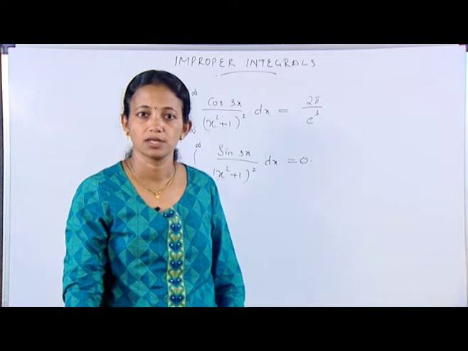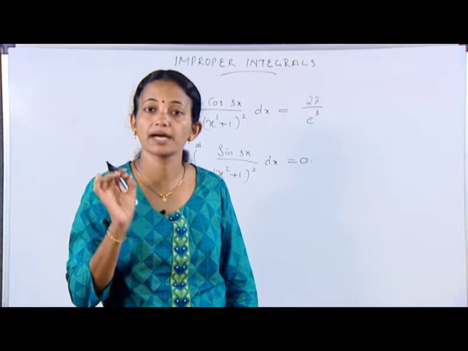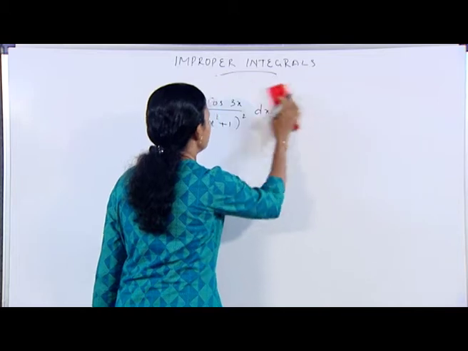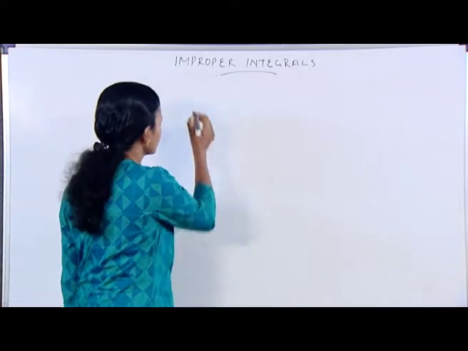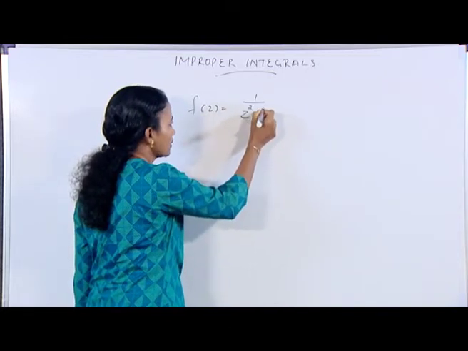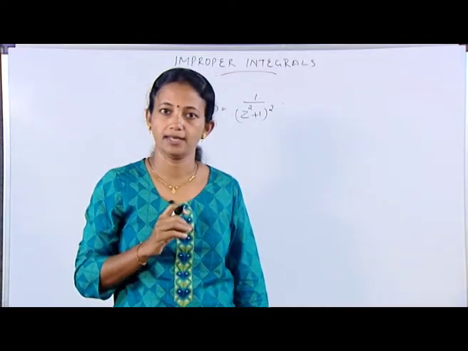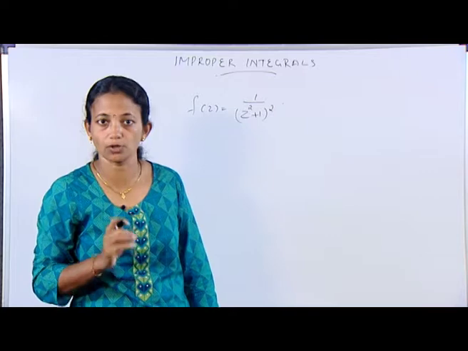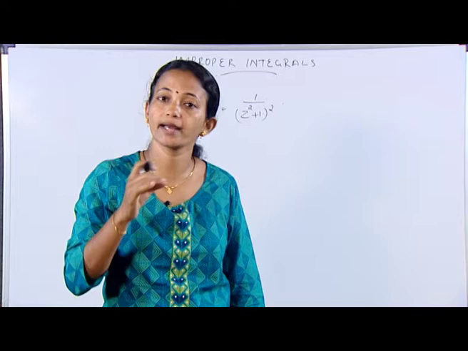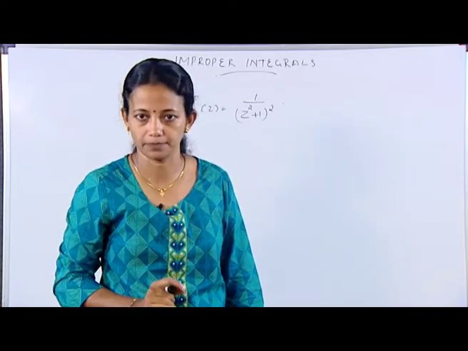First we introduce the function f(z) equal to 1 by (z squared plus 1) whole squared. Observe that the product f(z) e raised to i 3z is analytic everywhere on and above the real axis except at the point z equals i.